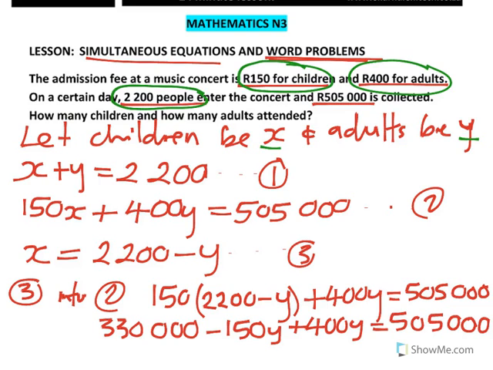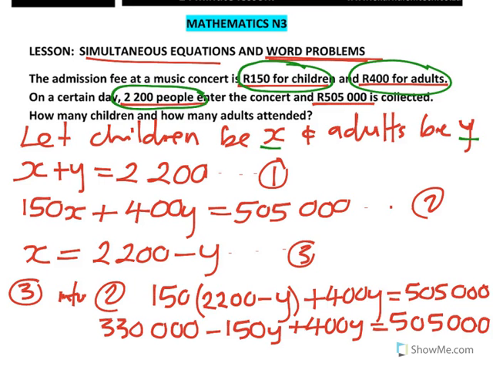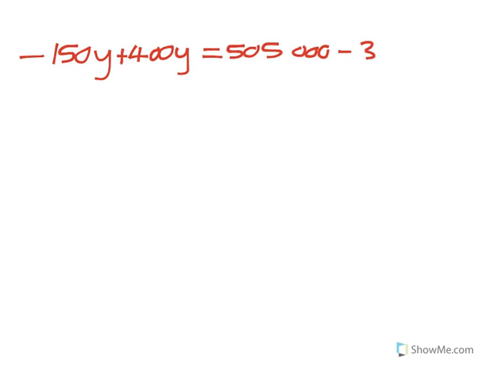Collecting like terms, you are going to be remaining with minus 150Y plus 400Y is equal to 505,000 minus 330,000, because 330,000 must jump this sign.